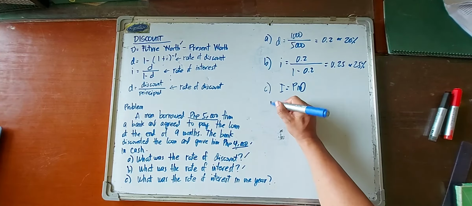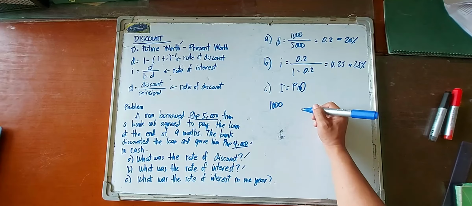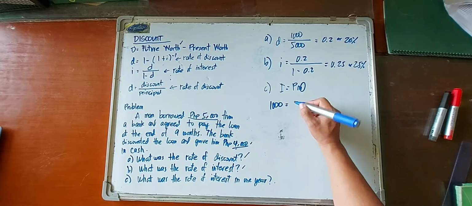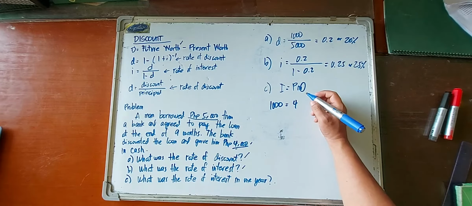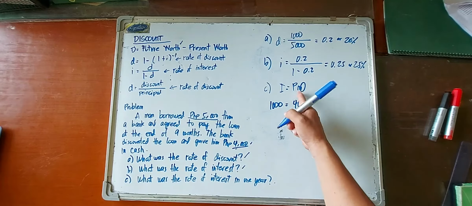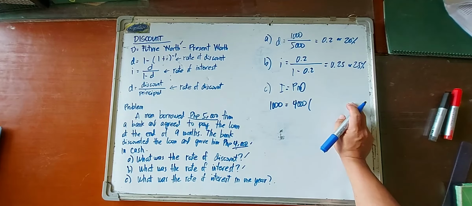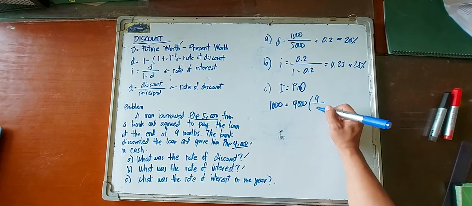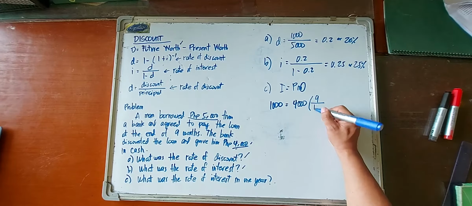So we have 1,000 is equal to the present worth, which is 4,000, yun yung na-receive mo na amount, times n. What is n? So 9 months, gawin natin 1 year. So i-divide natin, we have 12 months in a year.